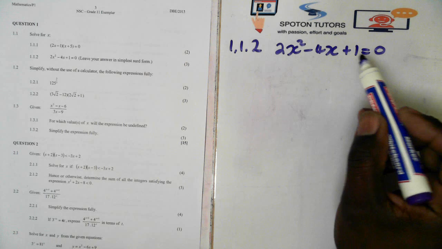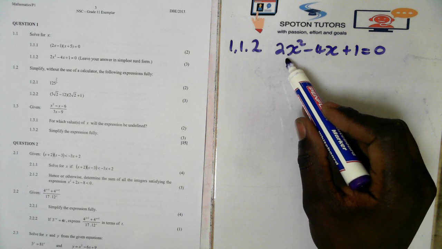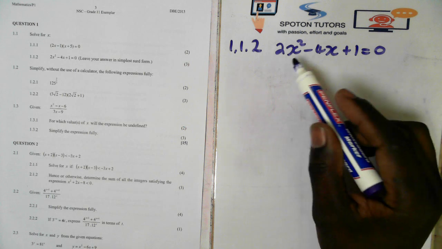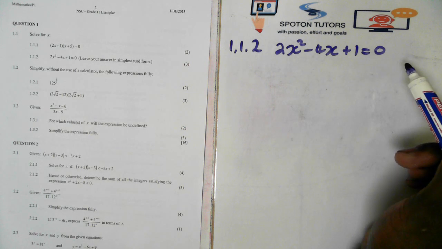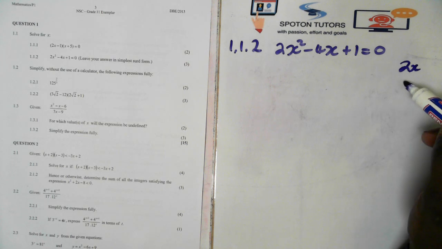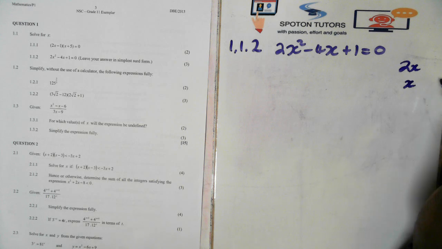You would see that if you try to find factors of this number such that you get an answer which is the middle term, there's no way. You can try 2x times x. I'm just going to explore it for the sake of doing it. 2x times x, these are the factors of this number, and then the factors of this number are 1 and 1.